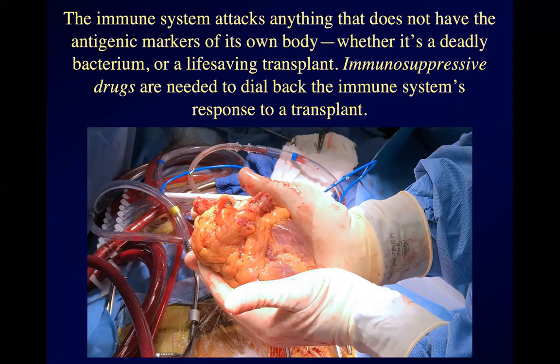This is why if you receive a transplant, you have to take immunosuppressive drugs for the rest of your life, which dial back the immune system's response, so that the transplanted organ is not attacked and ultimately weakened or even destroyed by your body's own immune system.